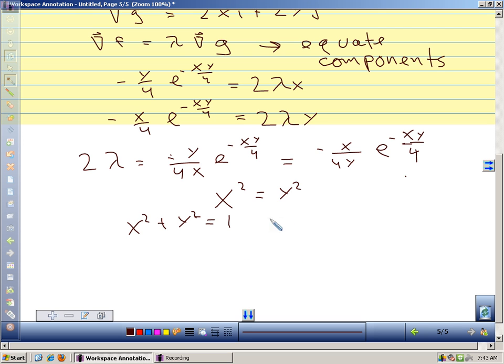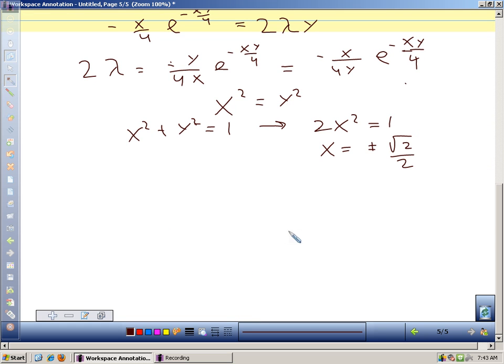So 2x squared equals 1. So x equals plus or minus square root of 2 over 2. And I can plug this back in here to solve for y squared, and y is plus or minus square root of 2 over 2 also.